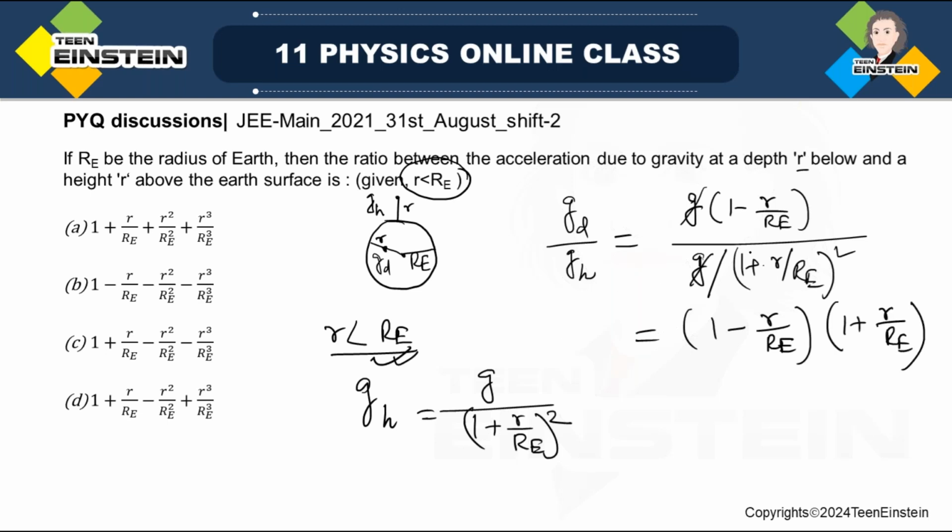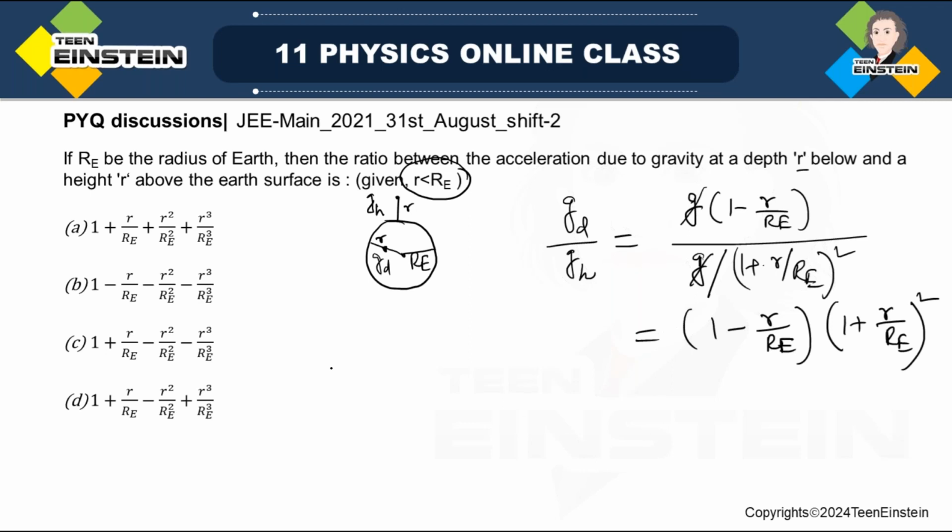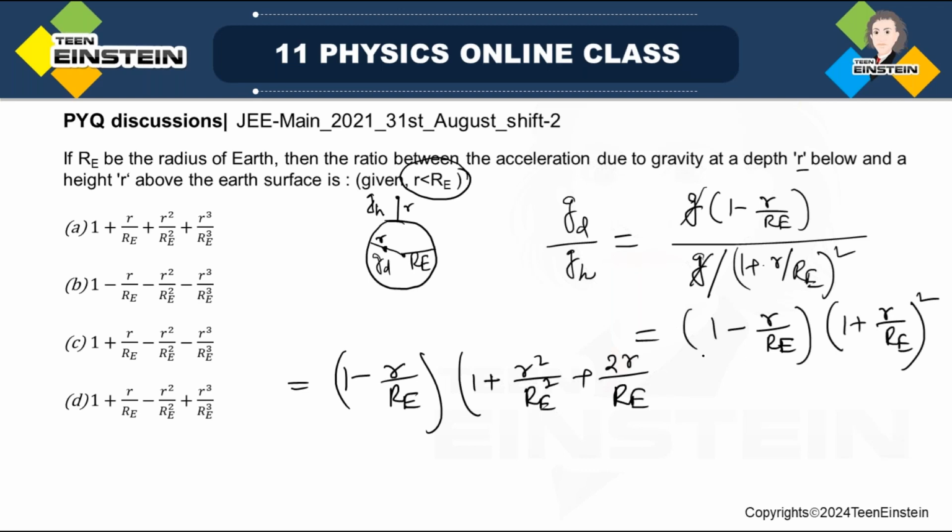See, what I was writing earlier was not wrong, but with respect to the question given, you have to write the formula. Okay, so now this is whole square. See, it is just a multiplication job, and this is a plus b whole square, 1 plus r square by re square plus 2r by re. Okay, 2ab, right? So this is the thing.